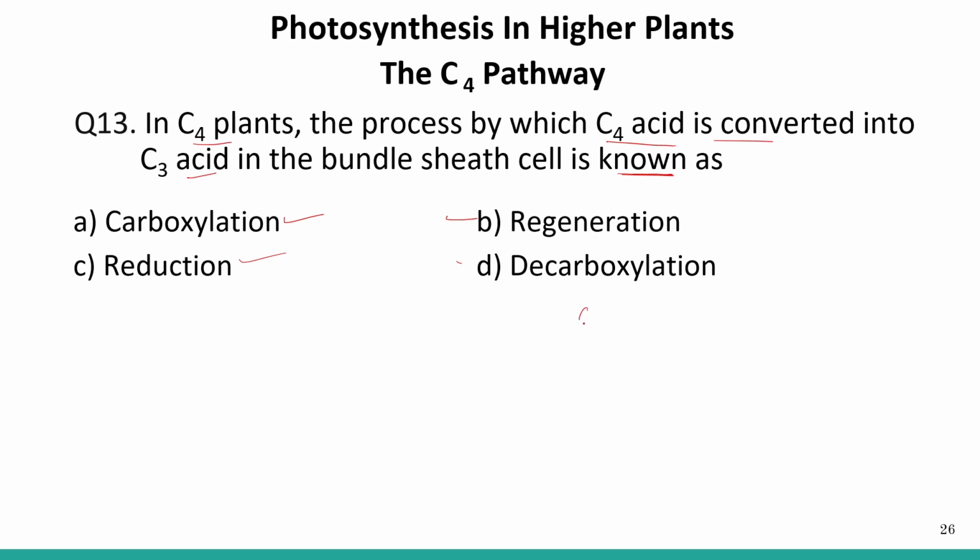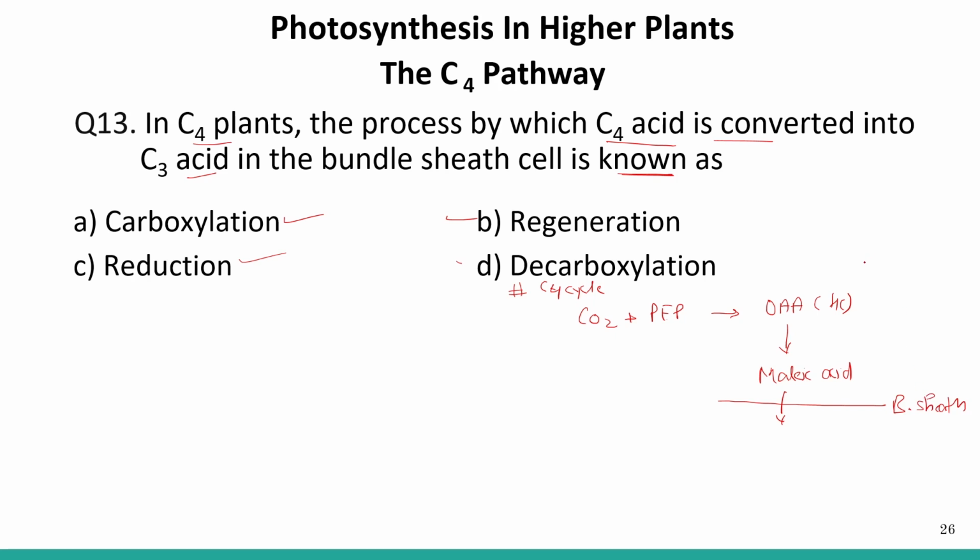Okay, again, let's talk about the C4 cycle. Carbon dioxide combines with phosphoenol pyruvate, in the presence of enzyme PEP carboxylase, leads to the formation of oxaloacetic acid, which is the 4-carbon compound. Oxaloacetic acid is converted into malic acid. Okay, this malic acid then enters the what? Bundle sheath cells.